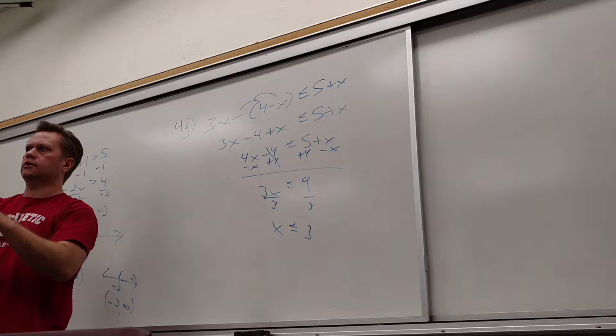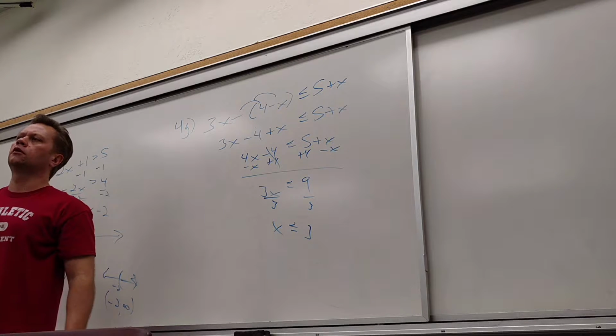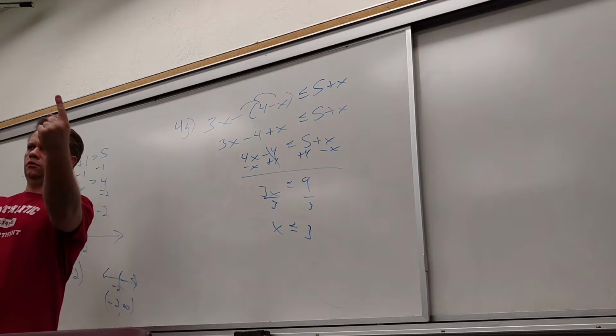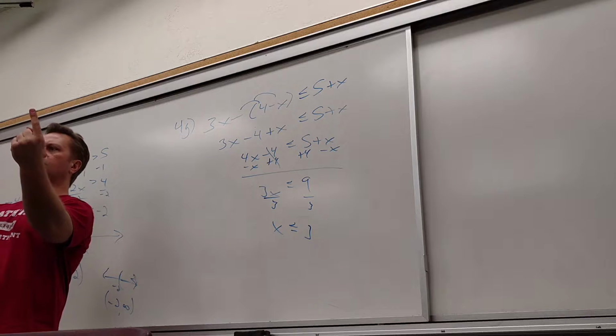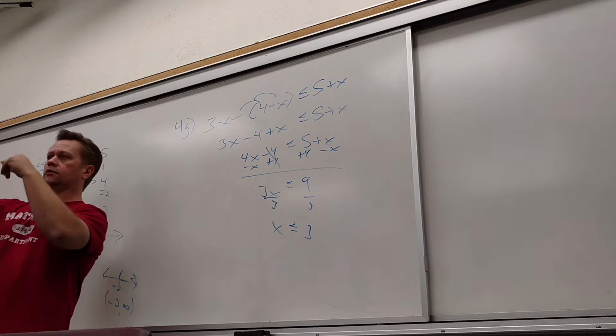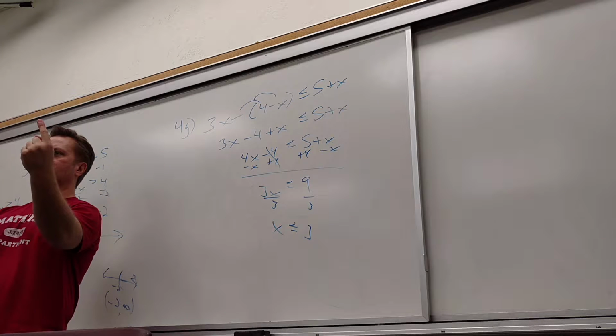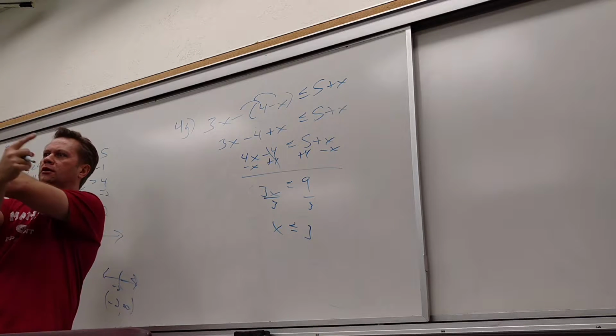So the inequality has to switch. Multiplying or dividing by a negative changes the sign, so you have to turn the direction of the arrow. The negative's not going to be bigger than the positive anymore. It's called a non-order preserving function. If you multiply or divide by a negative, it changes the order the numbers were in.